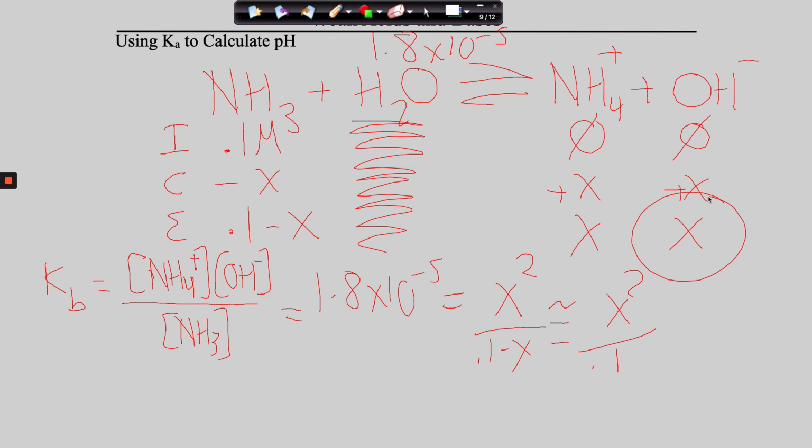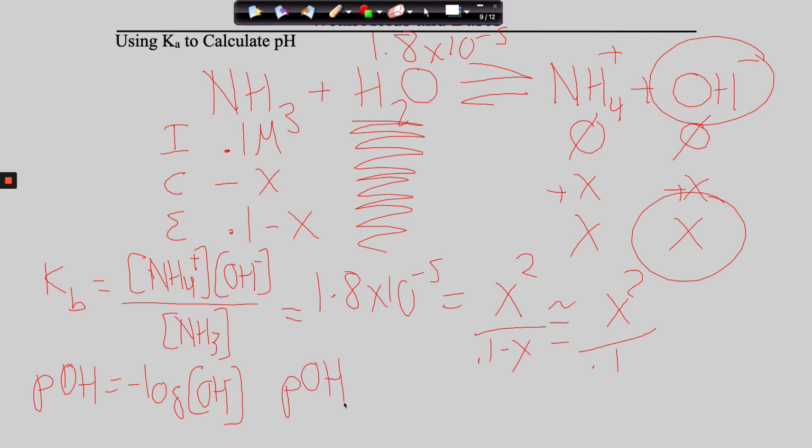This isn't pH, this is pOH. So pOH is equal to the negative log of OH, and that would give us the pOH. But we want to know the pH. pH plus pOH equals 14, and then we can come up with the pH. Good? Good. Homework.